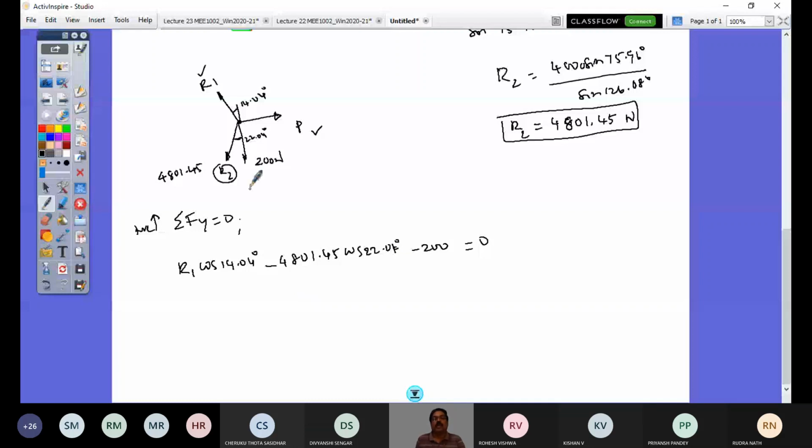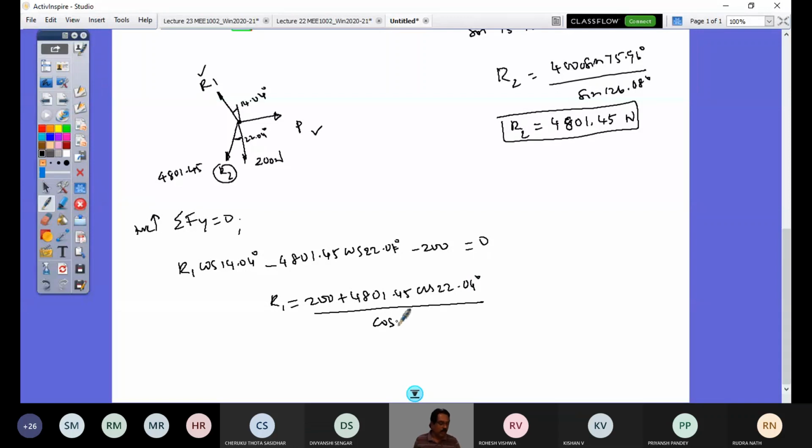So R1 equals 200 plus 4801.45 cos 22.04, divided by cos 14.04 degrees.